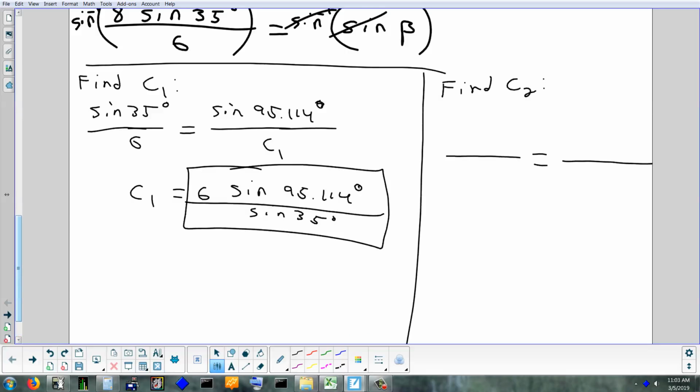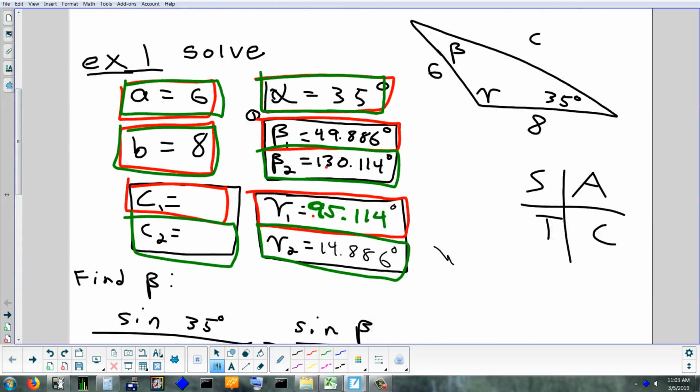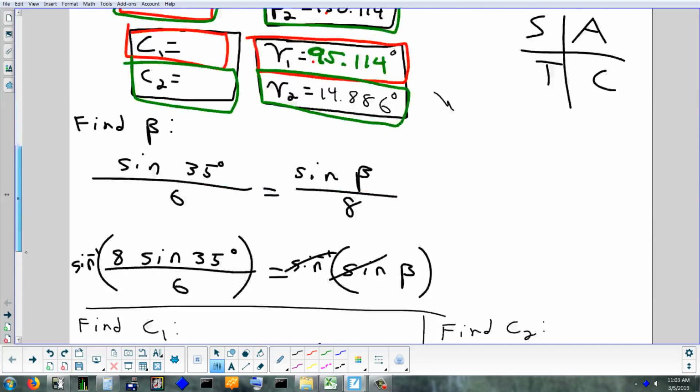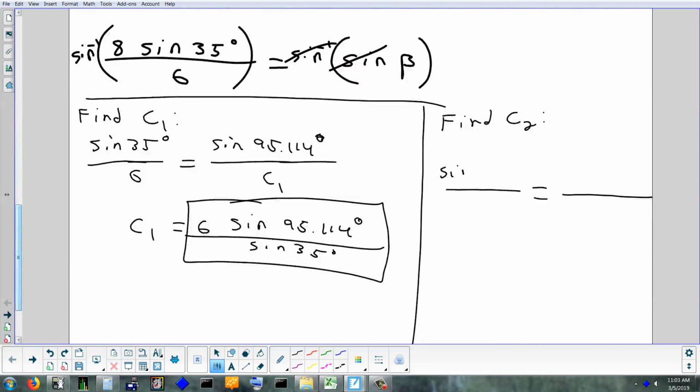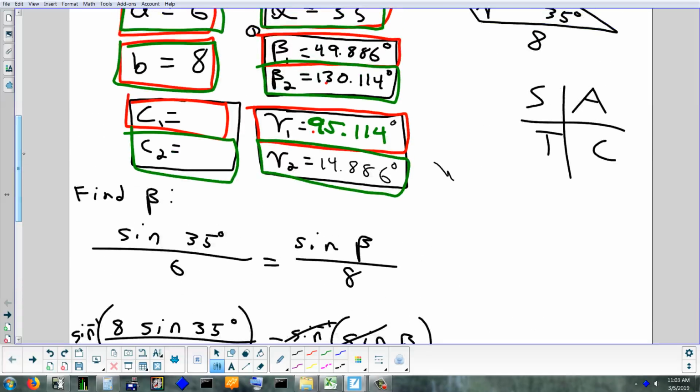Okay, so now to find C2, still going to use the first row because that was given. So sine 35 over 6. But what is going to go on the right side this time? Yeah. The sine of 14.886 over C2.